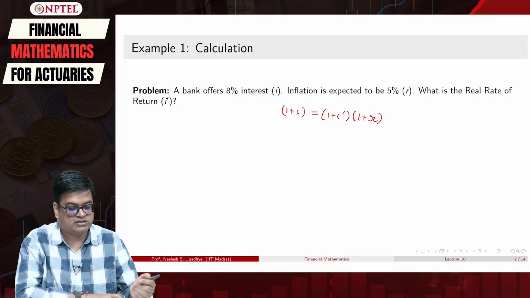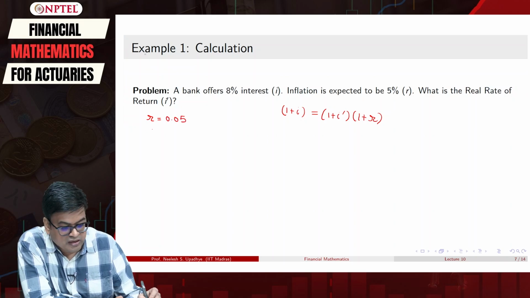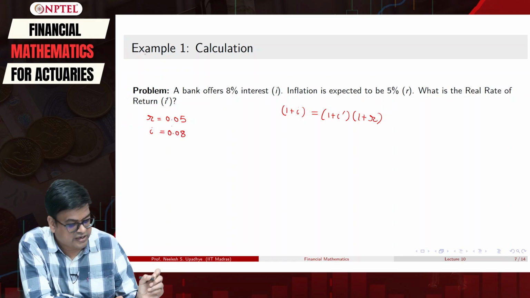Now list all the things that are given. R is fixed to be 5%, so it is 0.05. I is fixed to be 8%, so 0.08.